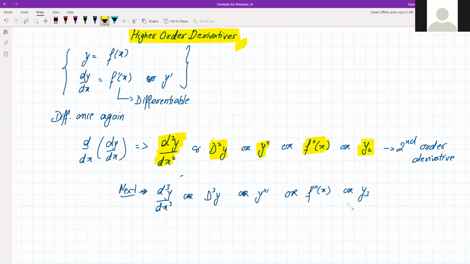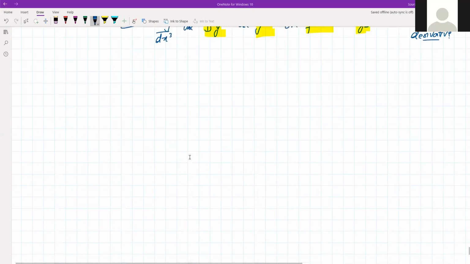So this is the third order derivative, and in the same way there can be an nth order derivative. So that's all in this higher order derivative. Concept wise, only this is the new concept. The rest in this topic is just practice. So we'll now practice some questions on this topic.